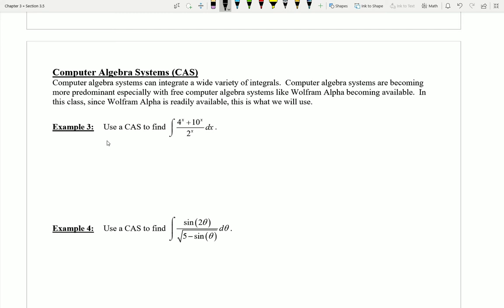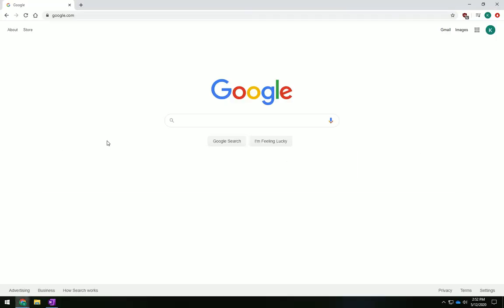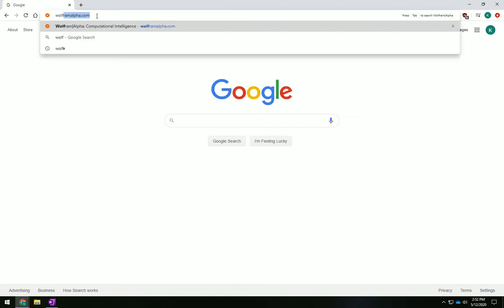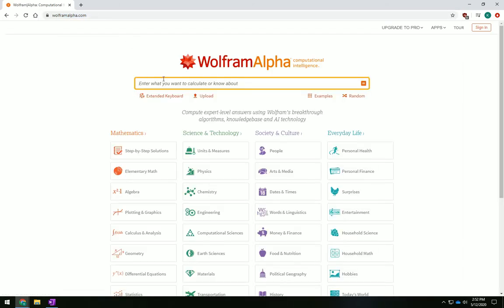Let's see how Wolfram Alpha can be used to answer a question like example number 3. I could just go up and Google Wolfram Alpha. Look at this, it's right there at the top. And Wolfram, again, is really smart. You can ask it all sorts of things, like, what's the meaning of life?